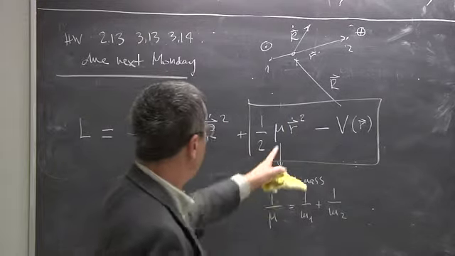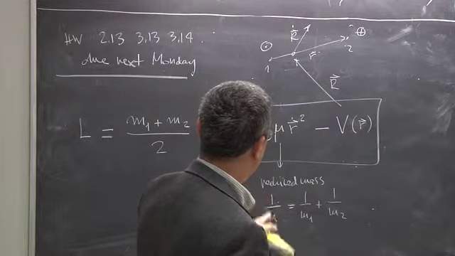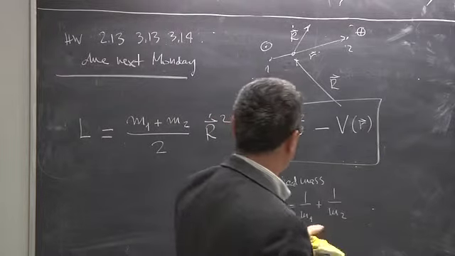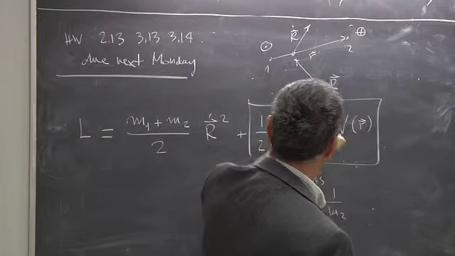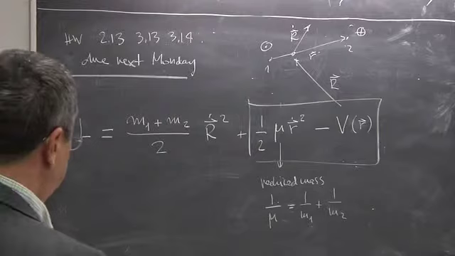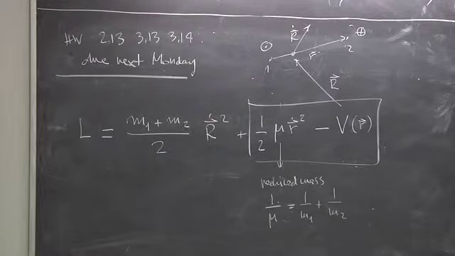It's just that I have this funny-looking mass that, however, once I give you the two masses of the two bodies, I can compute this reduced mass. I plug it in here, and I have a one-body problem. Okay, very good.